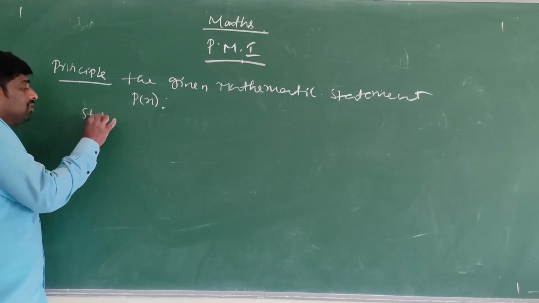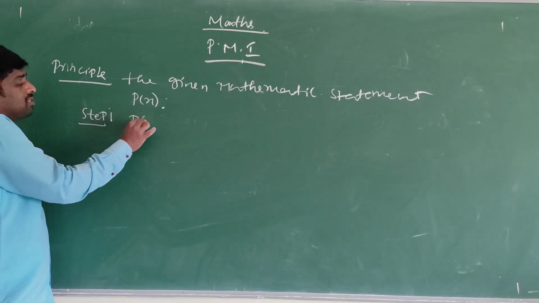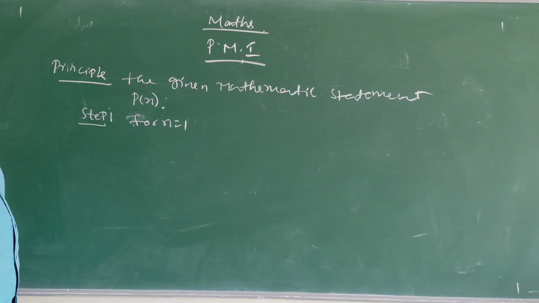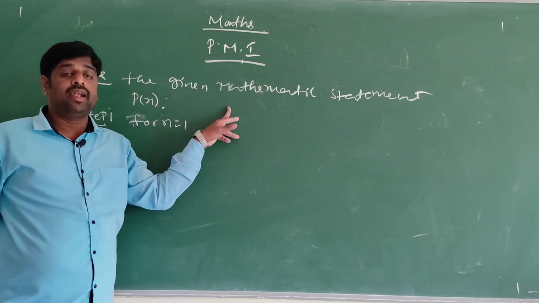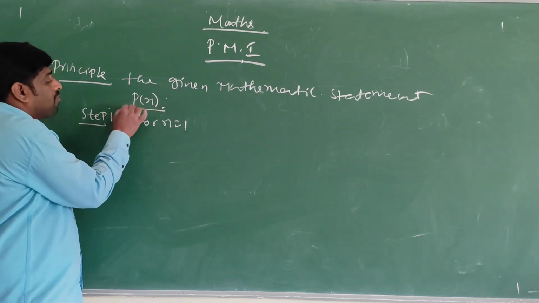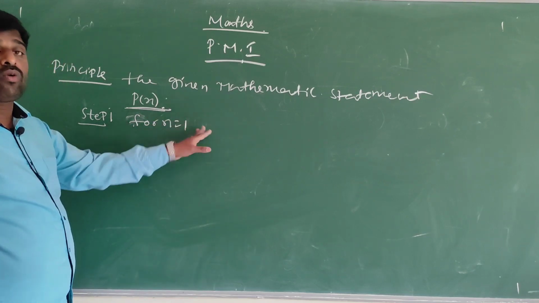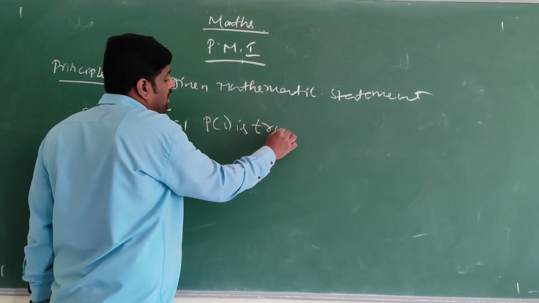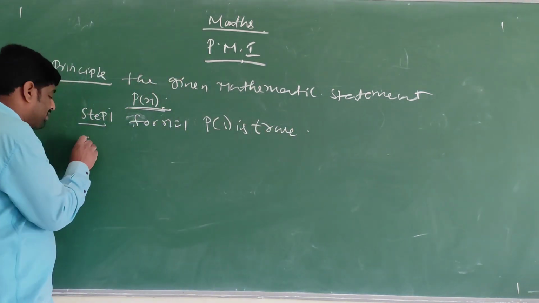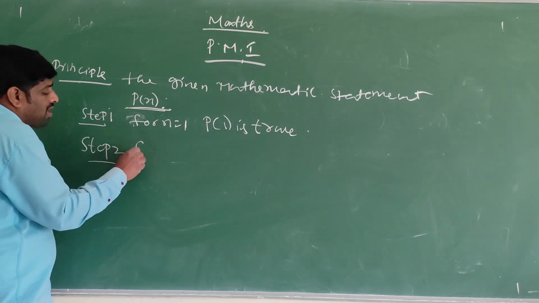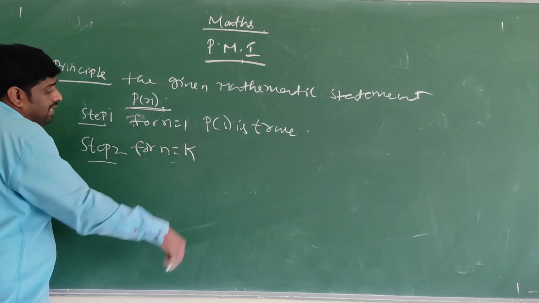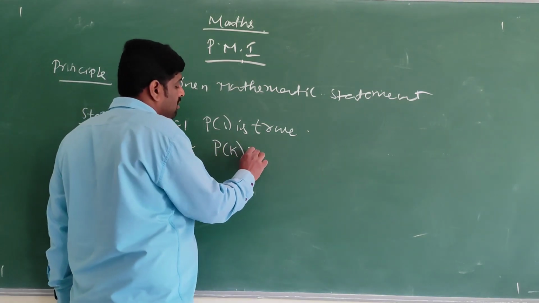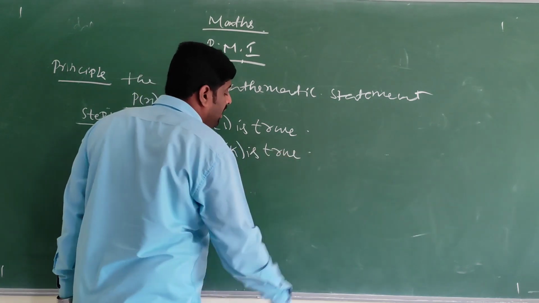For step 1, that is for n is equal to 1, the given mathematical statement P of n, P of 1 is true. For step 2, for n is equal to k, P of k is true.